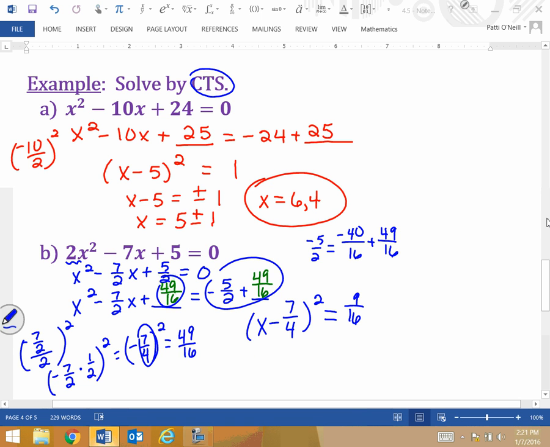If we use the square root property, we get x minus 7/4 if we square root the left-hand side. And if we square root the right-hand side, we get plus or minus 3/4. When you square root a fraction, you square root the numerator and square root the denominator.